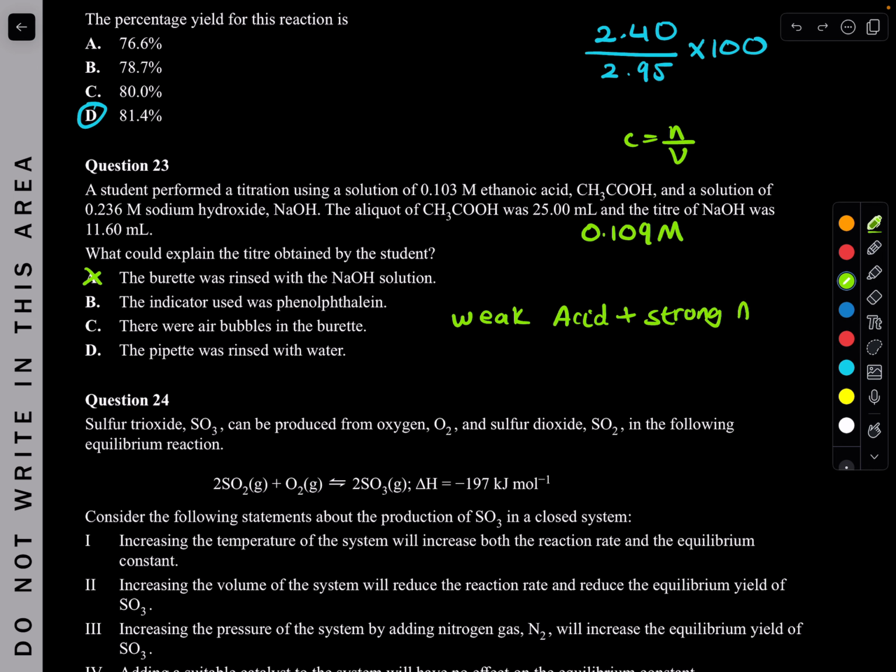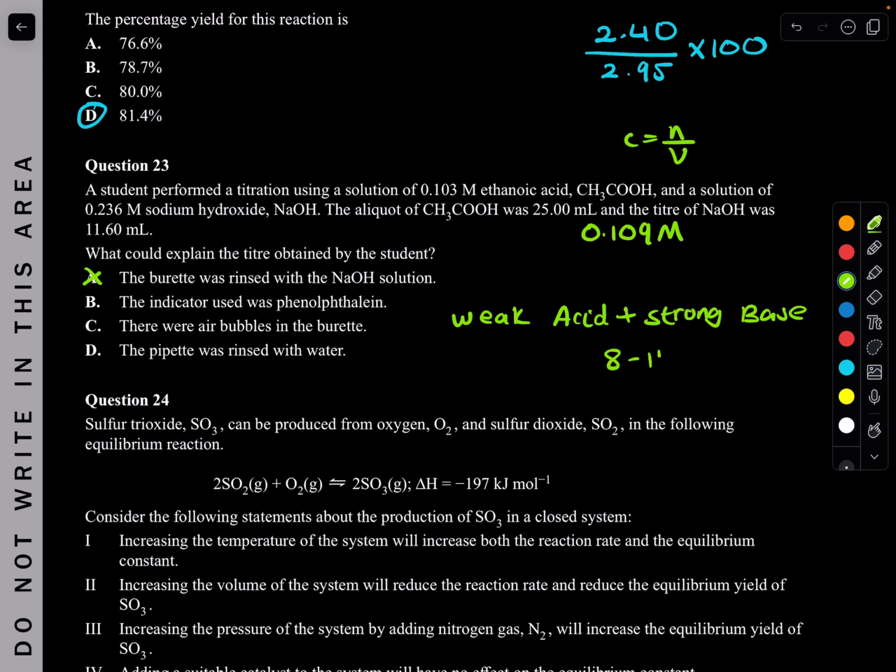So the overall pH should be closer to the base side, because we really have a strong base. We know the pH of water is 7, so it has to be greater than 7, like 8 to 11, basically.